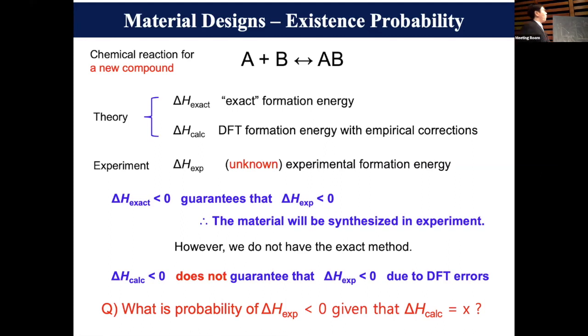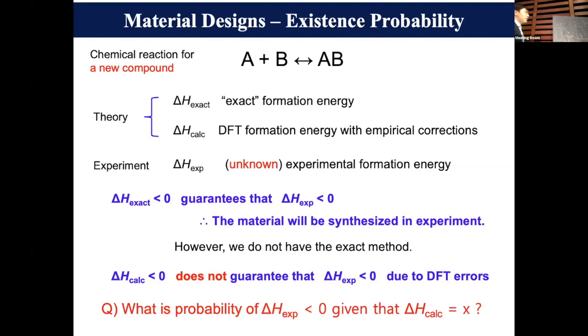The first one is, if you have the exact method, then we can use it to obtain the exact formation energy. When the exact formation energy is smaller than 0, this condition guarantees that the experimental formation energy is smaller than 0. It means that the material will be synthesized in experiment 100%.